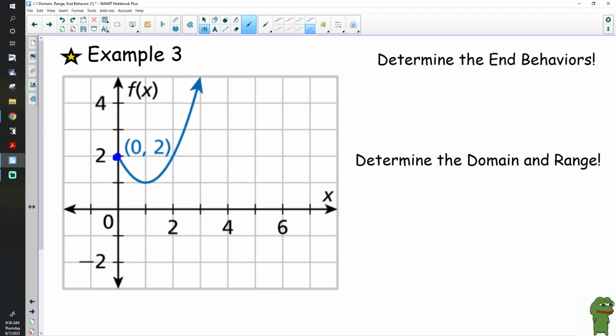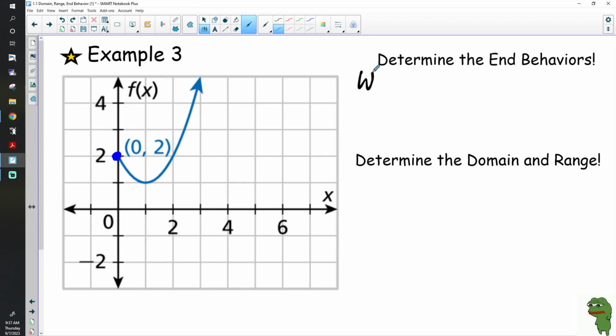Okay, so let's determine our end behavior. What is the end behavior on the left? Is it approaching something, or does it equal something? Is there an arrow or a point on the left? Oh, it's right here. If there's a point, where are we on the left side of the function? At the point 0, 2.